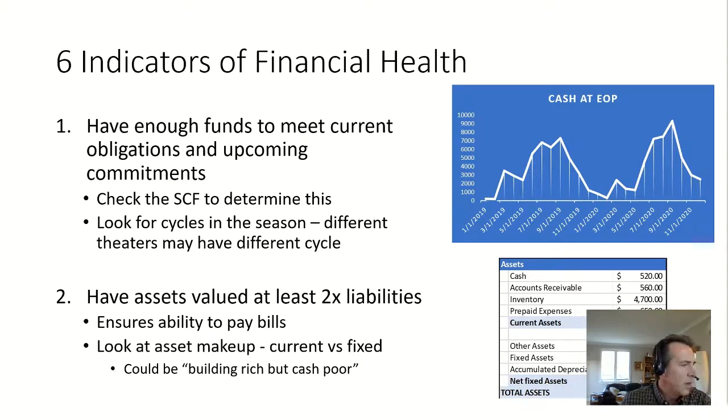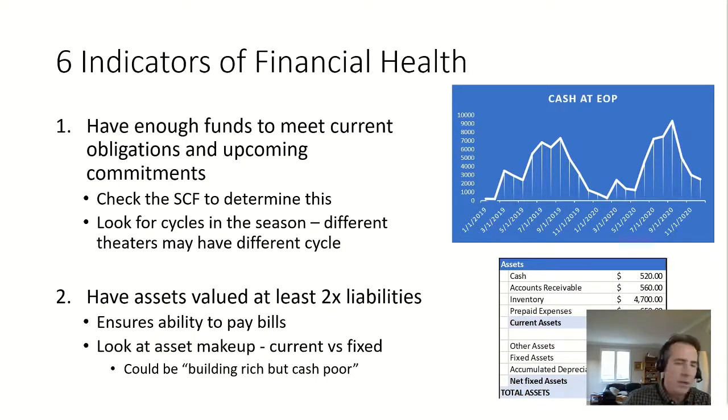Number 2, this is another good rule of thumb. Have assets valued as at least twice your liabilities. This is a generally accepted rule in business. If you have enough cash to pay your bills and cover your liabilities should they get called due, you're generally in pretty good shape.